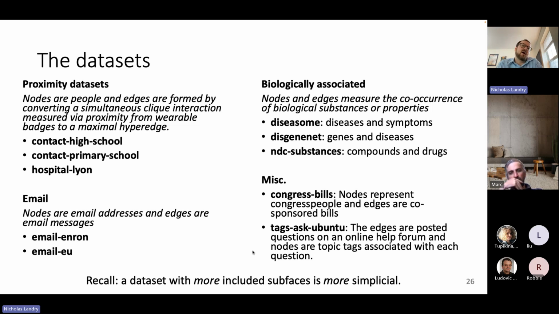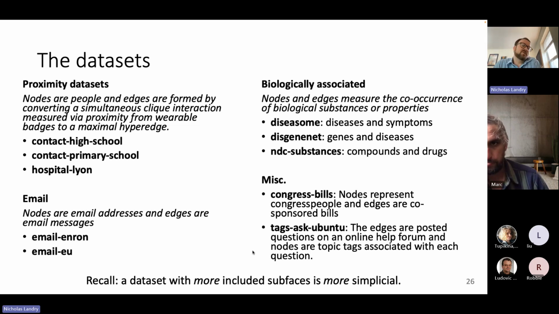And then lastly, compounds that form drugs. And then fourthly, we've got miscellaneous, which we've got Congress bills, which is Congress people and the bills that they co-sponsor in the US legislature. And then lastly, we've got this tags Ask Ubuntu data set where I've got a question that's been posted. That's an edge. And then the tags that people put on them are nodes.